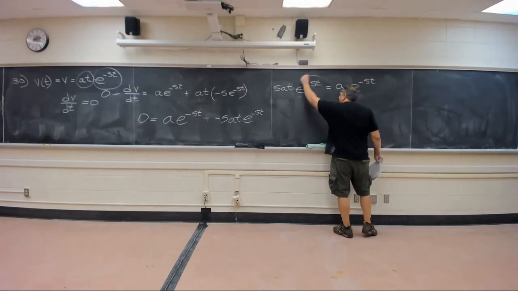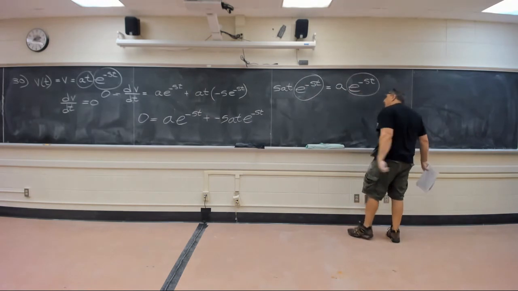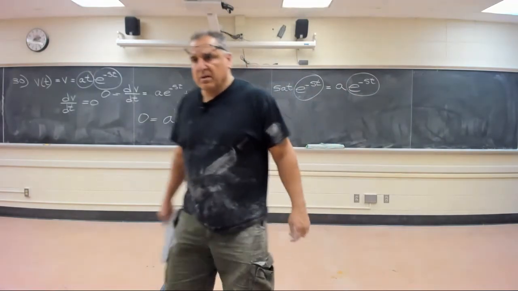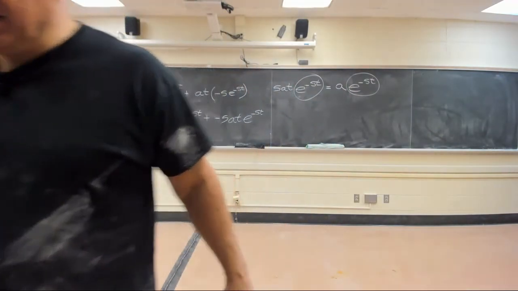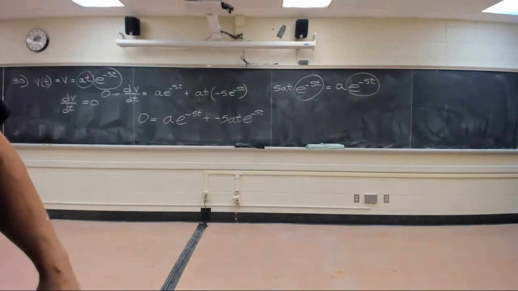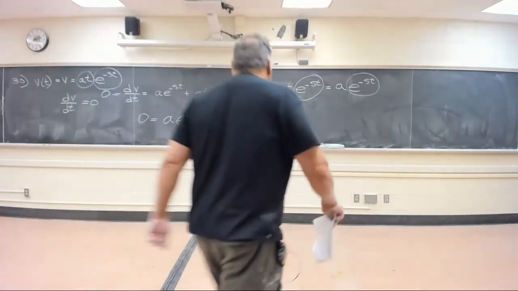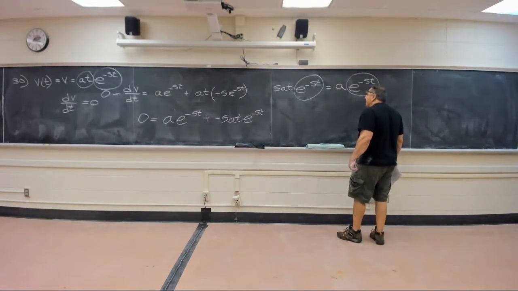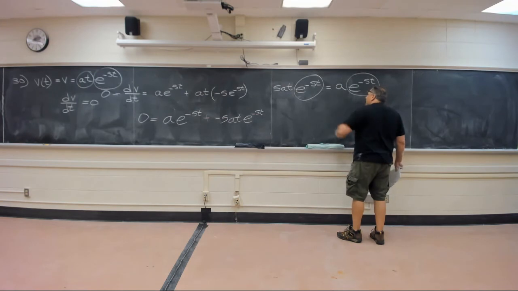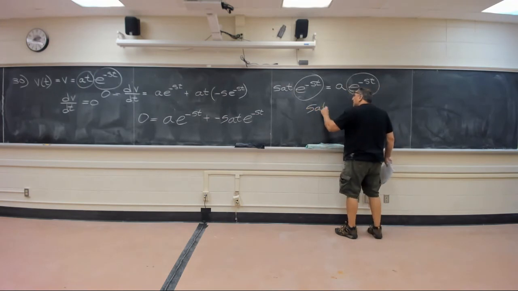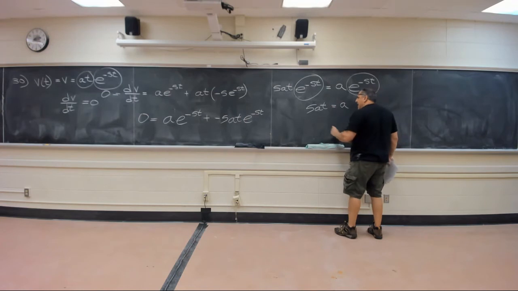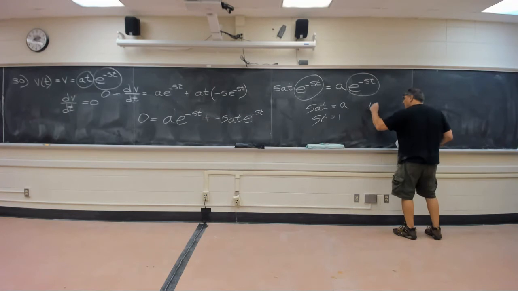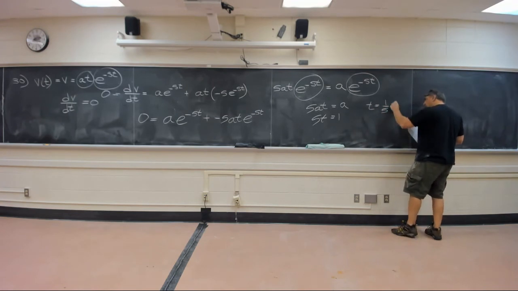Well, it doesn't matter what time you're talking about: e to the negative 5t equals e to the negative 5t. It's the same in both circumstances. So let's see what we got here. Divide by e to the negative 5t on each side. Divide by a on each side. Solve for t.